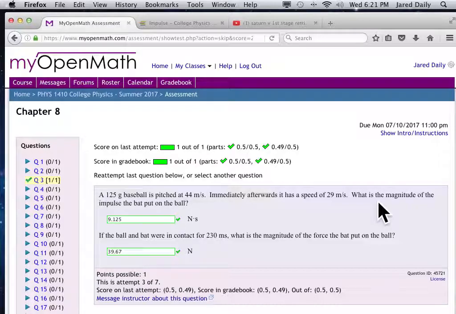39.67 newtons. This is just not moving all that fast. 230 milliseconds. There's no way that it's spending that much time on it. That's way too long of a time.